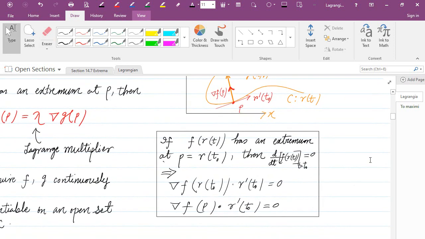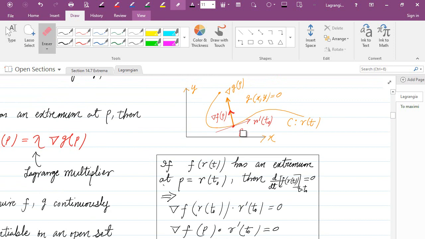That is, f of r of t has a critical point at t naught, that is, its derivative at t naught is 0. But by the chain rule, this is the gradient of f evaluated at r of t naught, dot product with r prime of t naught is equal to 0. Which means that the gradient of f at P dot product with r prime of t naught is 0. So that tells us that the gradient of f at P is perpendicular to this curve.